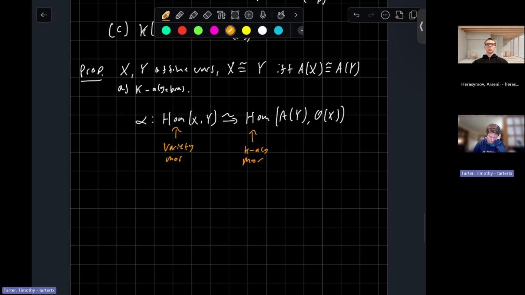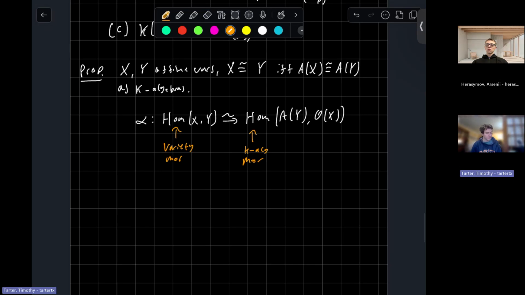Let Y be an affine variety, a map of sets is a morphism if and only if, where xi are the coordinate functions on A. All of this just kind of makes sense.